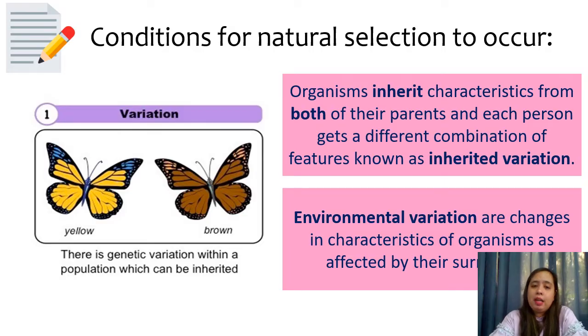So there could be things like this. Variation could be inherited from parents to offspring, and there could also be a variation that could happen to the individual organisms themselves because of exposure to environmental conditions. There are things like this to consider with variation: inherited, and of course your surrounding environment.